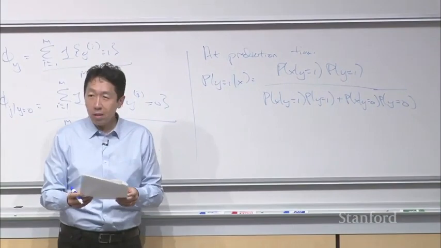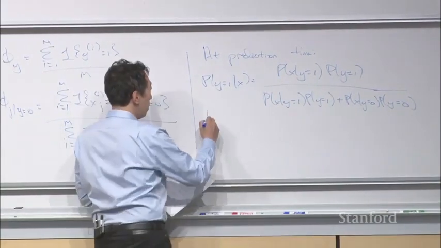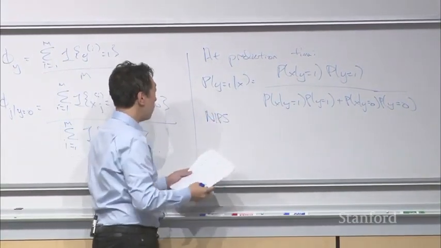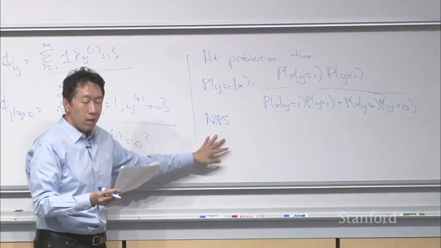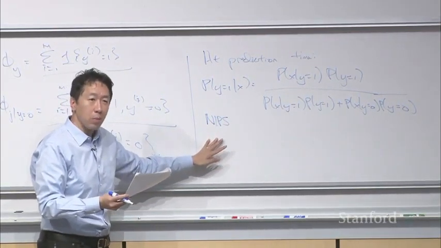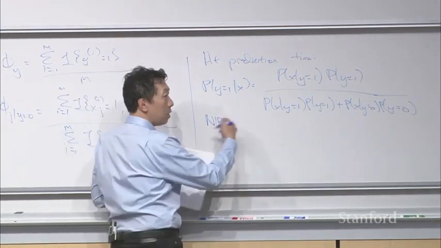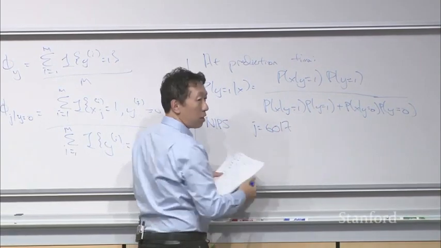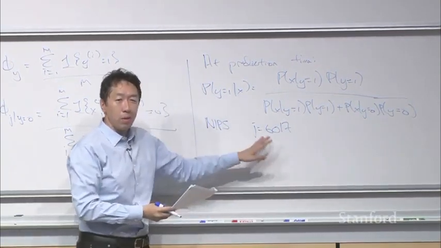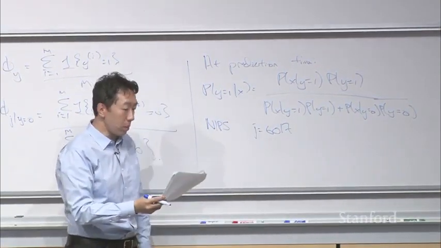One of the top machine learning conferences is the conference NIPS. NIPS stands for Neural Information Processing Systems. Let's say that you have 10,000 words in your dictionary. Let's say that the word NIPS corresponds to word number 6017 in your 10,000 word dictionary.